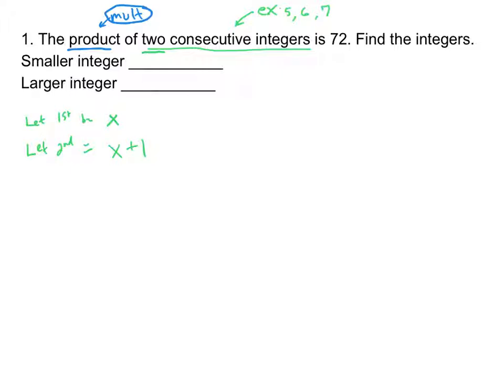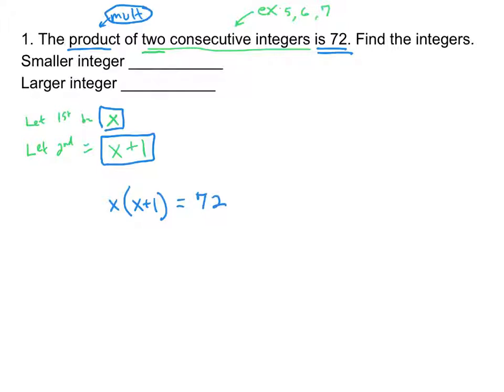If we're multiplying x, since we don't know what the first one is, with the next one, which is just 1 more, we're going to multiply both of those, and the answer is 72. So the way that we'd write that is x times x plus 1, the product, equals 72.